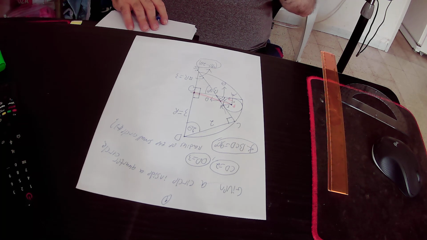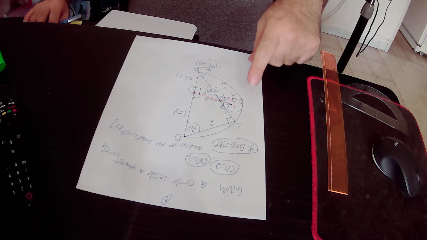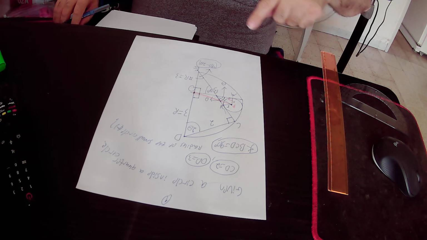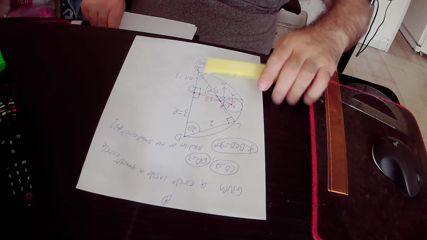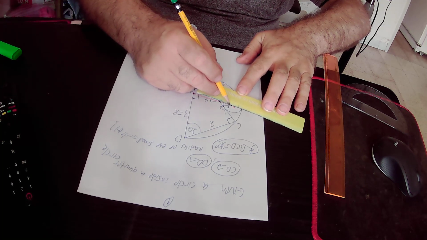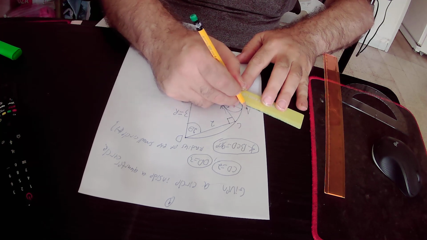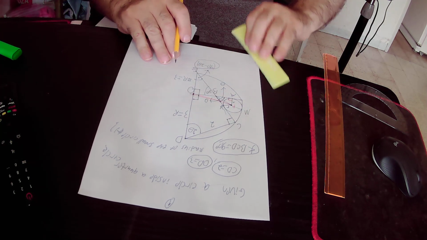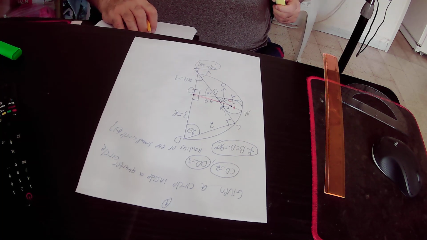Here we will extend the side OP until it touches the semicircle at point M. Again, point M is the touching point between the semicircle and OM.